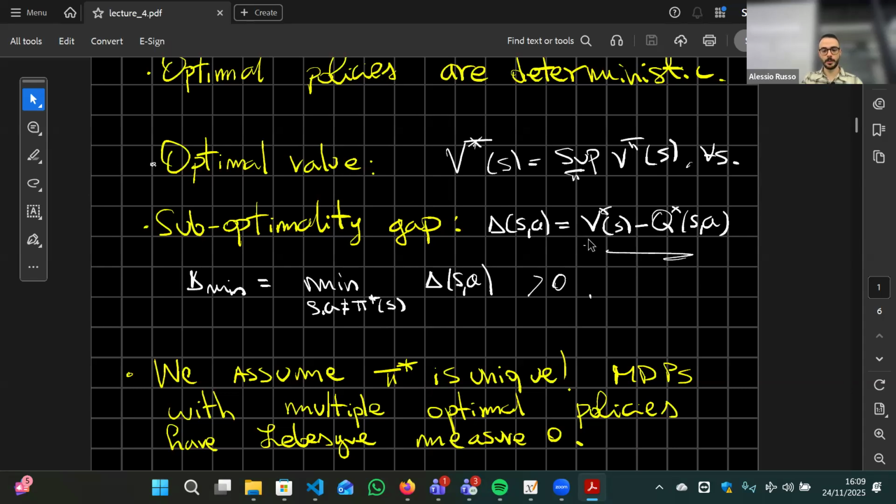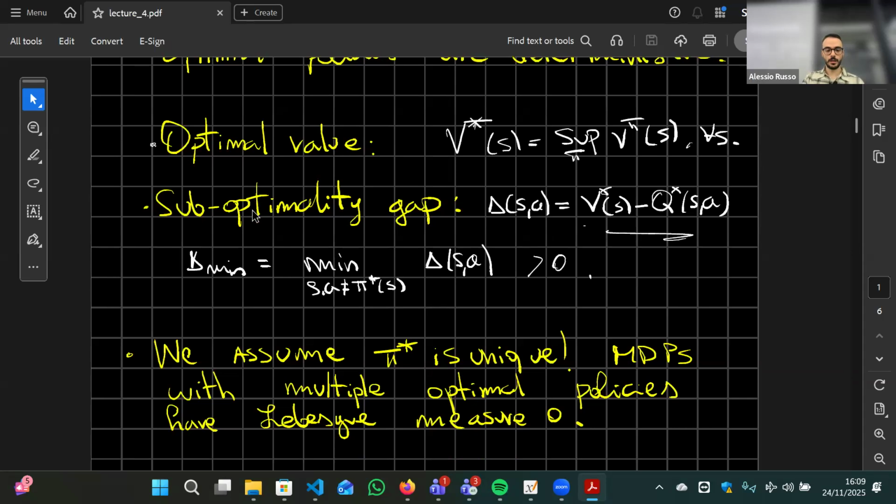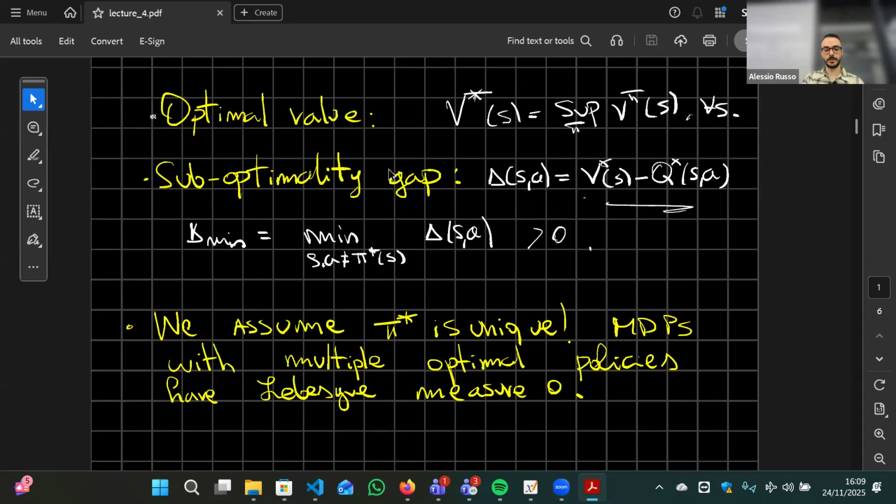So this is the gap in (s, a). And this quantifies basically how difficult it is to identify that a is suboptimal. So in particular, the inverse of the suboptimality gap squared will quantify the difficulty of learning that action a is suboptimal in that state. And delta min quantifies the overall minimum gap strictly bigger than 0 in the MDP.